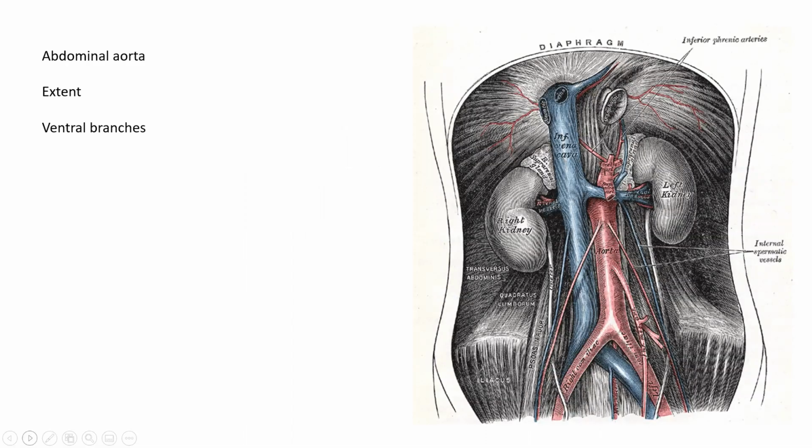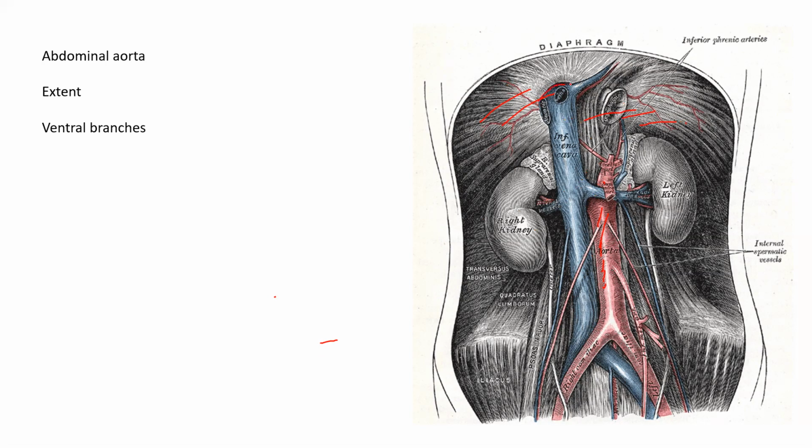The abdominal aorta is nothing but the continuation of the descending thoracic aorta into the abdomen through the opening in the diaphragm. So here, can you make out the abdominal aorta? Yes, this is your abdominal aorta. This is your diaphragm.